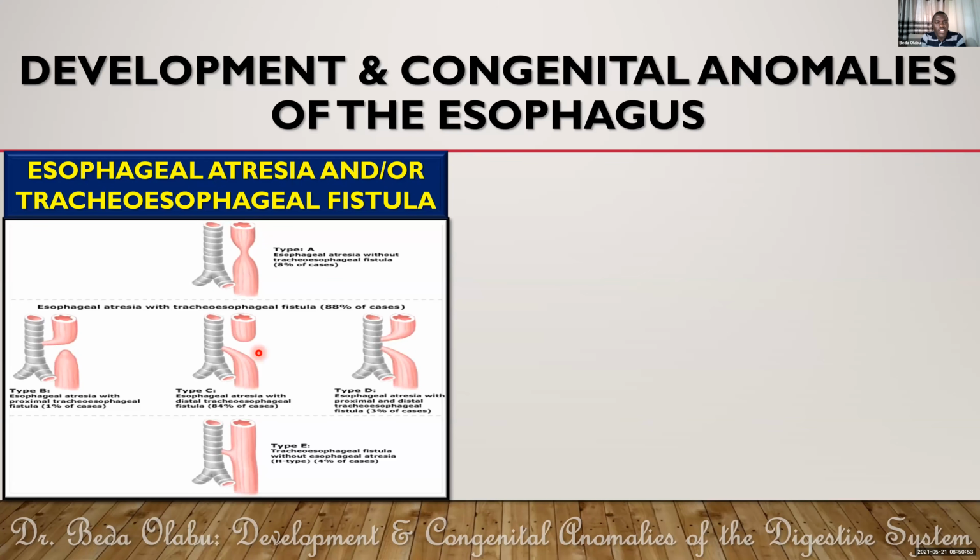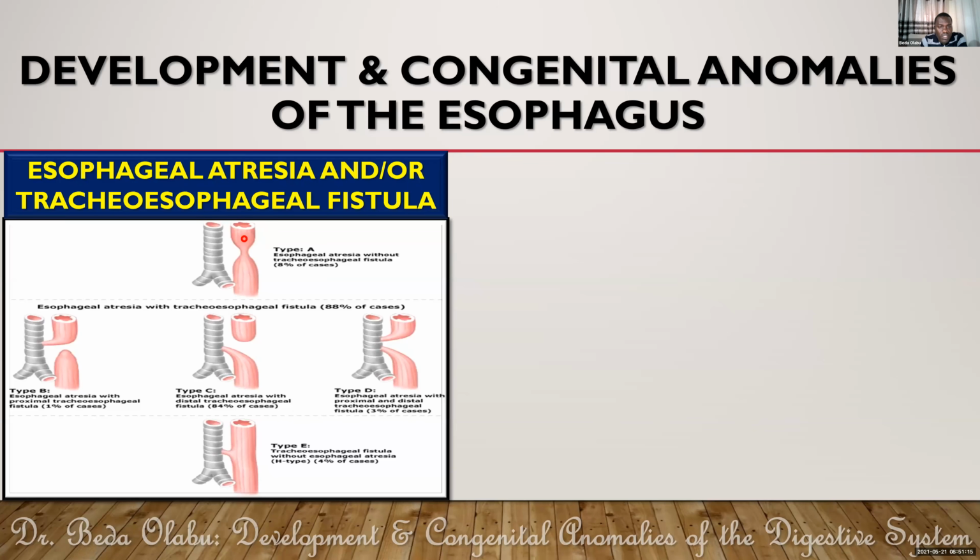But remember that we constantly swallow saliva. Even babies do that. Now this baby will not be able to swallow saliva. So the saliva they produce will also just be coming back. They'll be having a lot of secretions in the mouth.